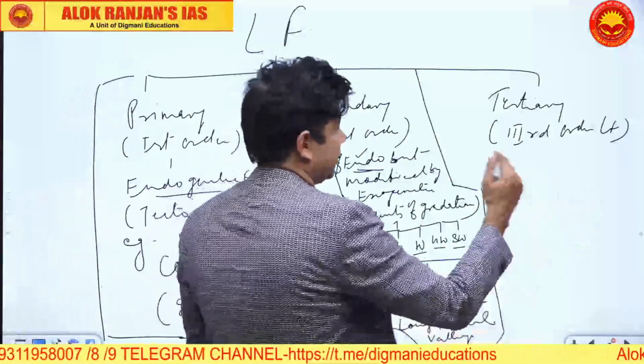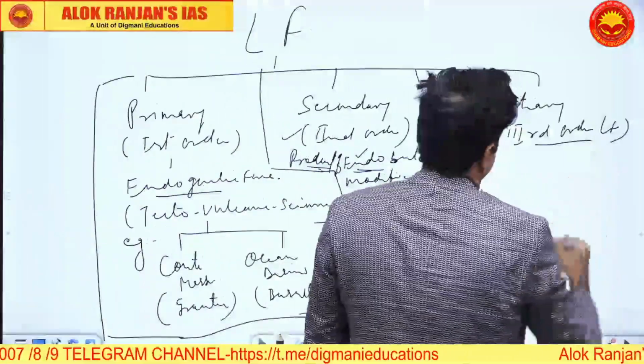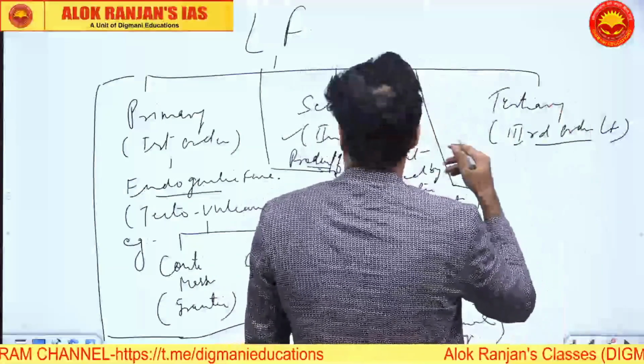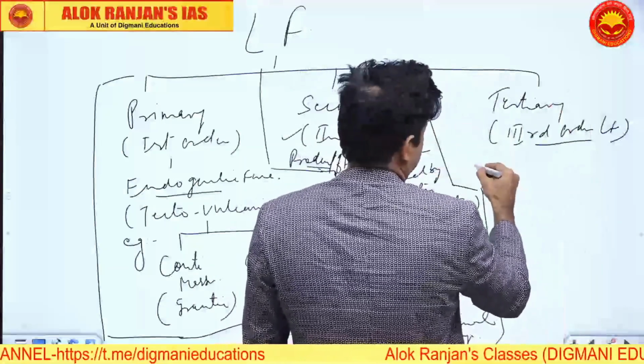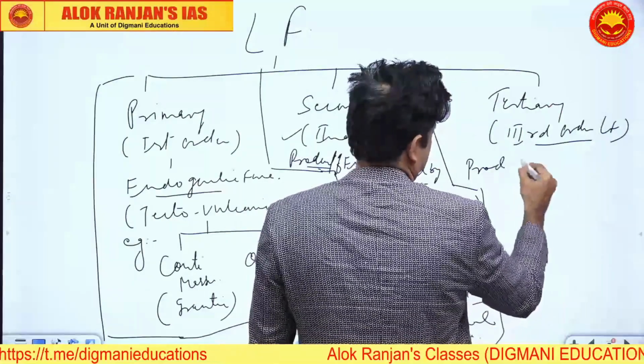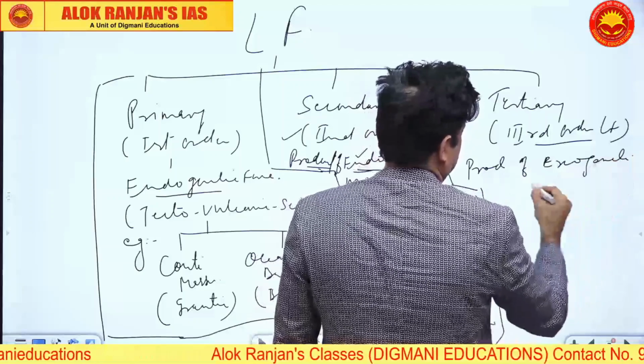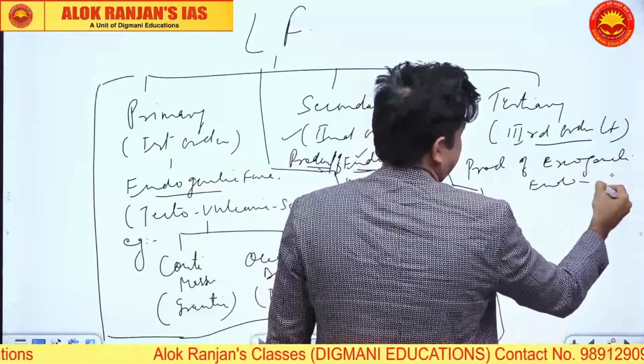Now tertiary landform, third order landform. In third order landform, you have to write that they are a product of exogenetic forces, and endogenetic forces are negated here.